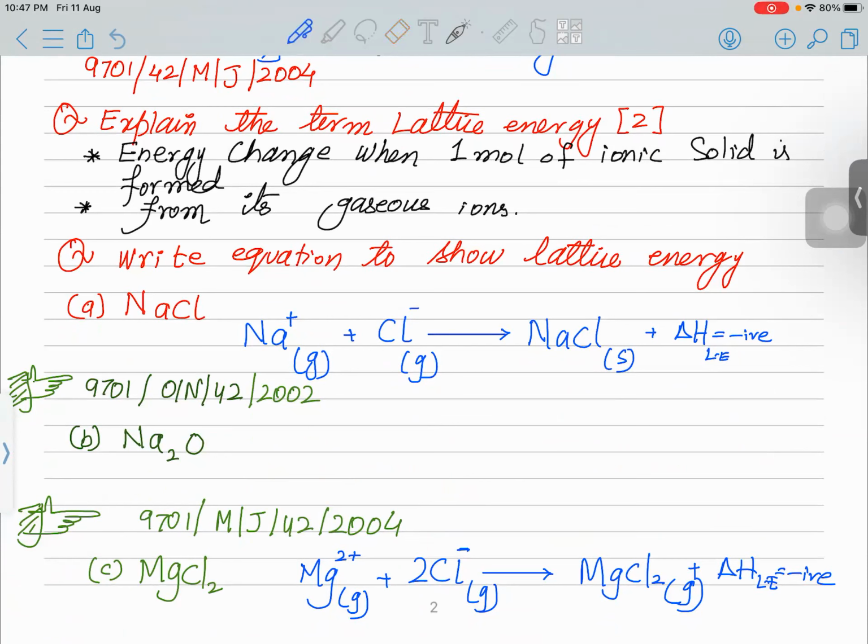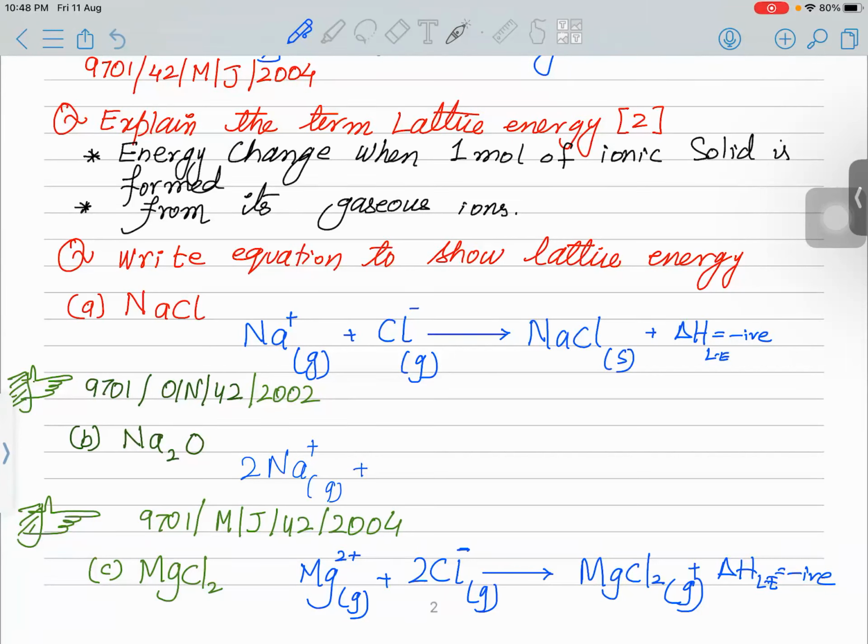Now Alia, can you tell me how many sodium do you have in it? Sir, 2 sodium. So write 2 Na positive gaseous. So can you tell me the anion of oxygen?